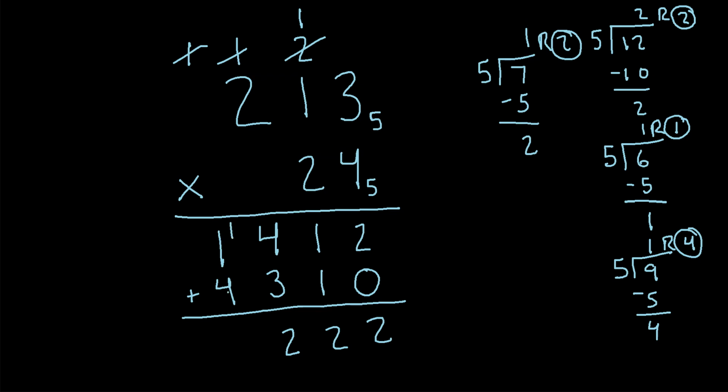So we'll say 1 plus 1 plus 4, that's 6. So since it's 5 or greater, we ask how many 5s go into 6? Well, we've already done this problem. We got 1 with a remainder of 1. So the remainder, the 1, goes right here, and the whole number, this 1 that we got from the division, goes to the next column, and then we have 1 plus nothing, which is just 1. So our final answer is 11222, and we'll write a little 5 next to it to indicate that it is a base 5 number.